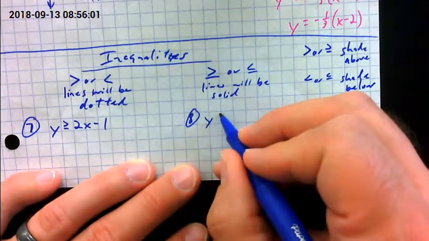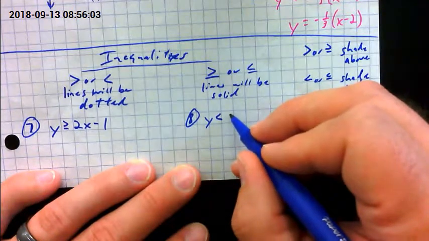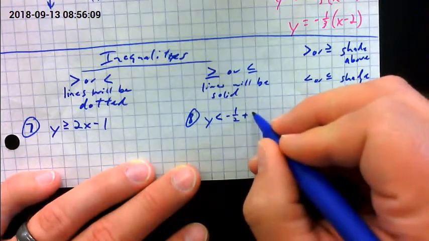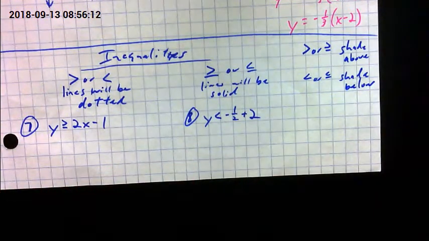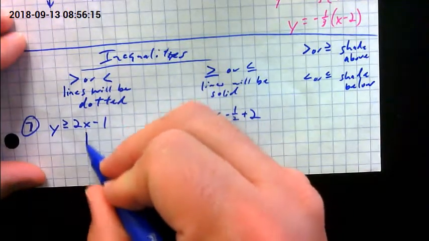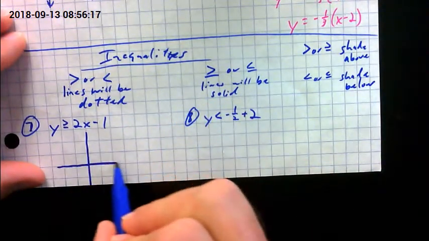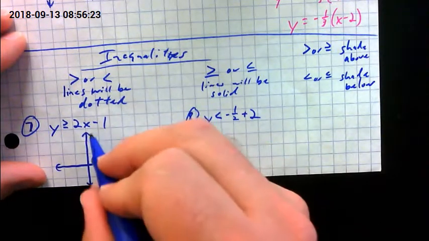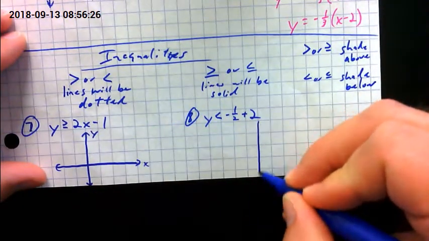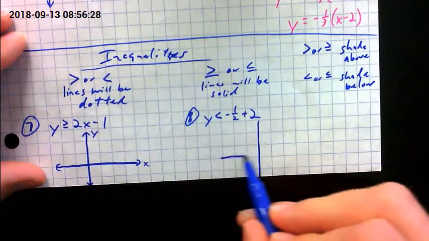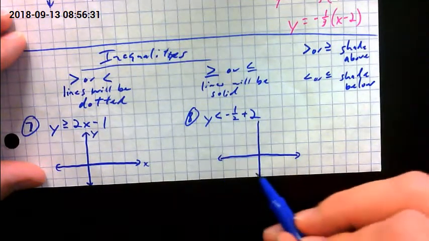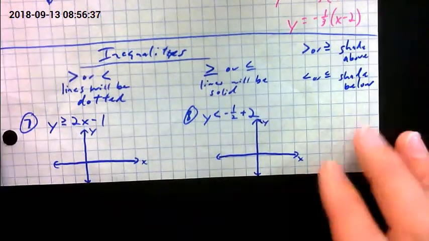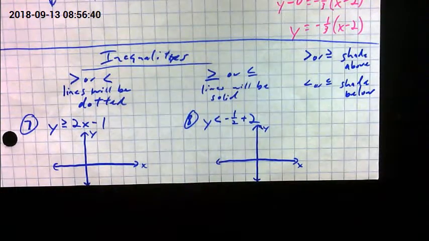Y is less than negative 1/2 x plus 2. Don't need a huge graph for these. Try to keep them small.